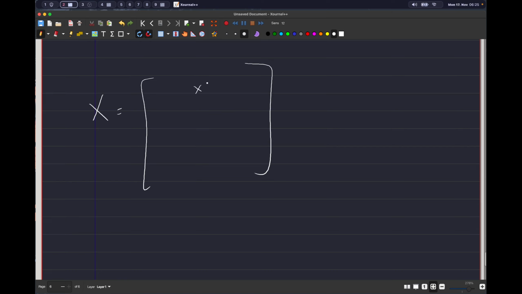So x1 transpose all the way up to xn transpose. So each x, so x1 will be a vector of what dimension? It can be d times one dimension. So all the features will be laid in a column vector.